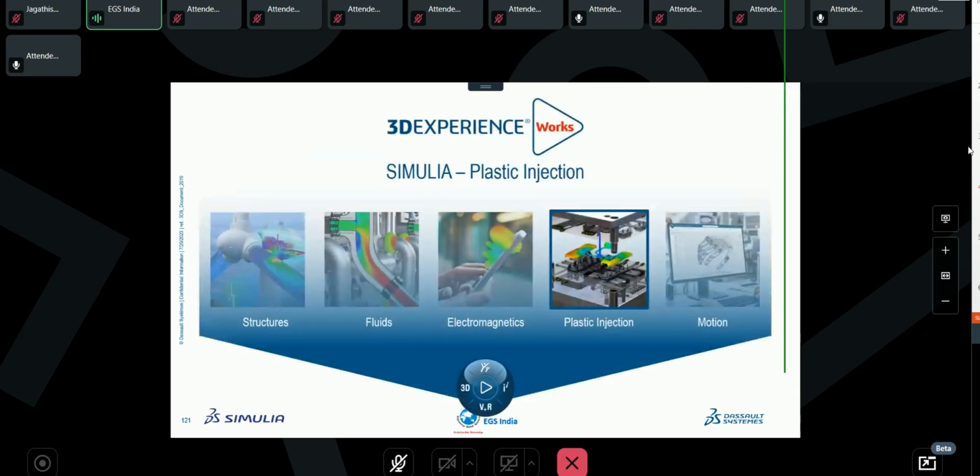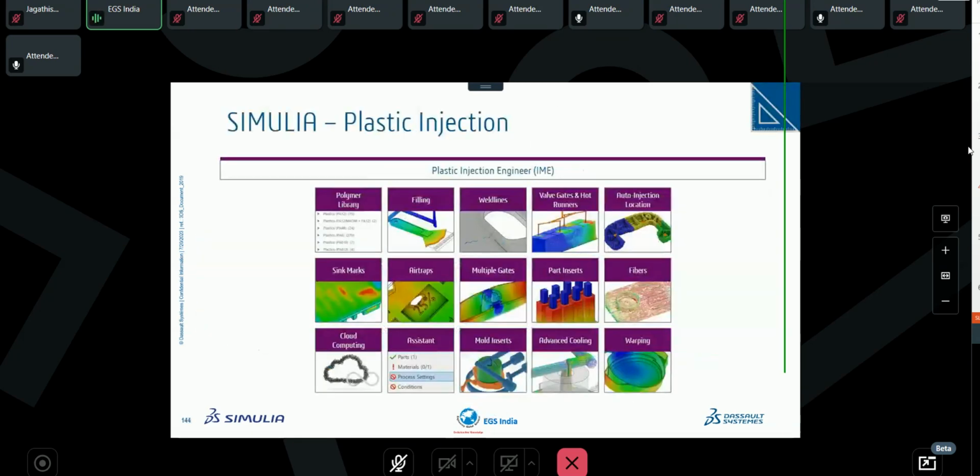Next, I want to give an introduction to plastic injection, where you will see most designers adding plastic materials that will be used in plastic industries. This plastic material library is regularly updated by the SO system, so it can be used continuously with the latest materials.